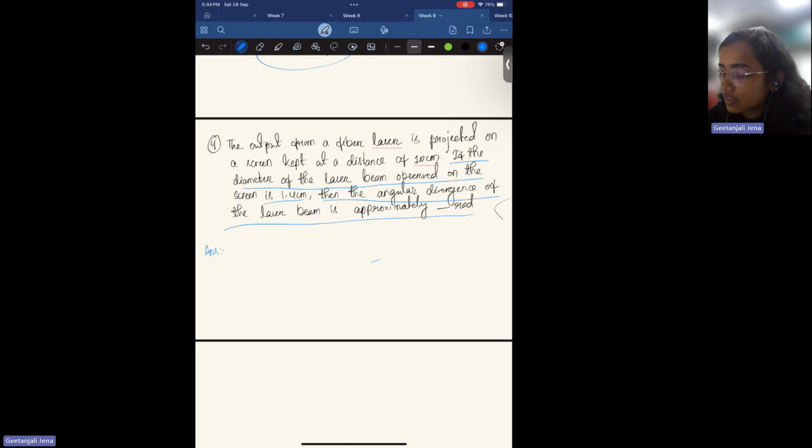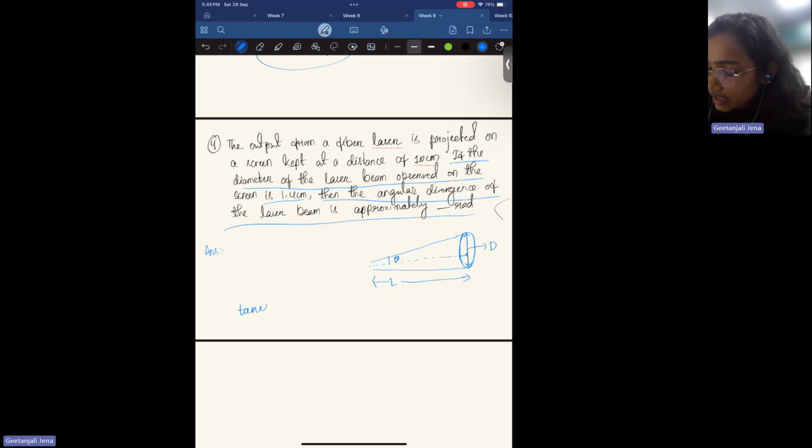If you recall, when the laser beam propagates, there is a small divergence angle associated with the laser beam. And to calculate it, if you are given a laser spot, this is the diameter, and you are given the length at which you are seeing this laser beam diameter, then this will be the divergence angle.